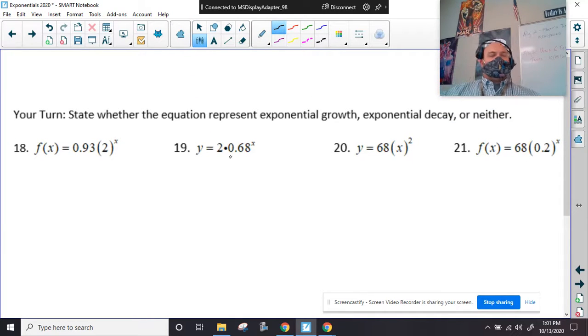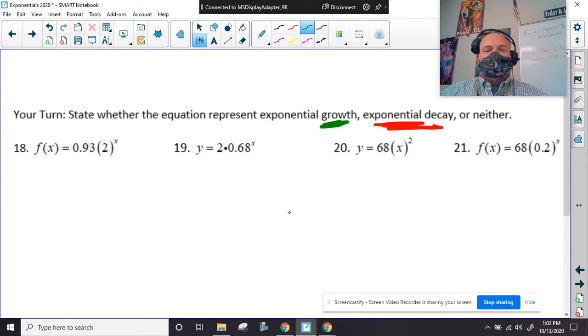All right. State whether each is growth, and let's do red is decay. All right. So which ones are growth? Huh? I know, but which one of these equations has a b that's greater than 1?